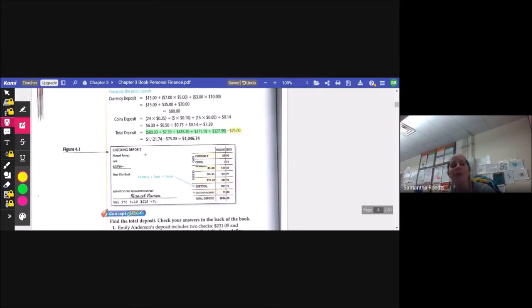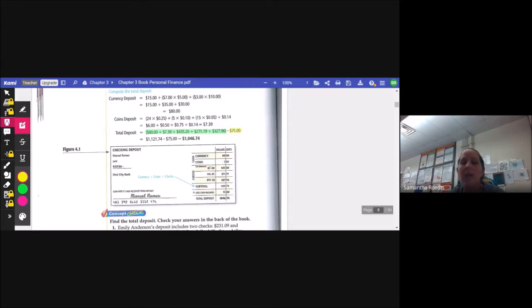That gives me the total of $1,046.74. If you're filling out a checking deposit slip, which a lot of times you'll fill out when you go into a bank, you're putting money into the bank. Your currency is $80, your coins $7.39. A lot of times they'll just put this down as currency and not necessarily currency and coins.